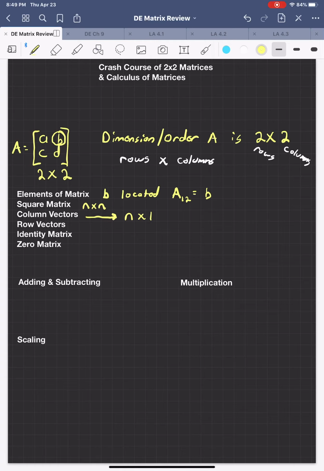I'll give you an example here. This would be a column vector, for example a, c. Row vectors are just the opposite. It would just be a 1 by n. So you think of the vector, say, a, b as a row vector.